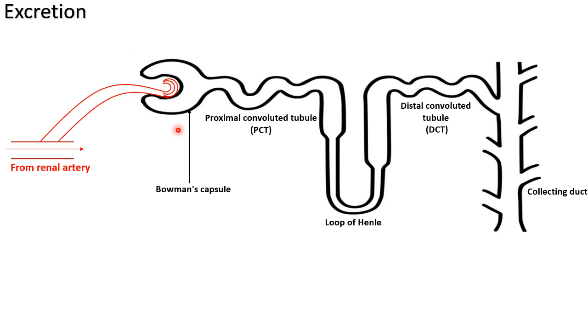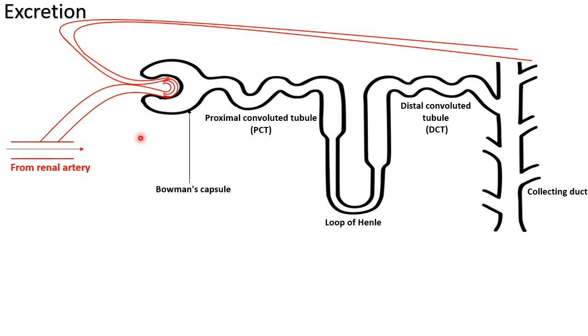In any organ, after these blood capillaries, we have venules, but this is not the case in the nephron. After this tuft of blood capillaries, we have another arteriole. Then we have blood capillaries around the proximal convoluted tubules and distal convoluted tubules. Then the blood drains into the renal vein.